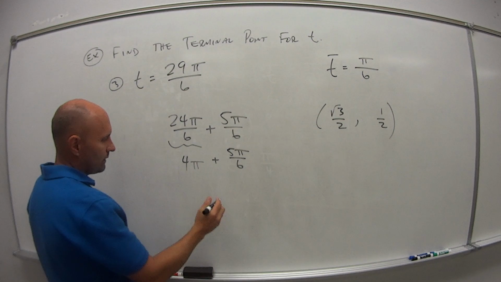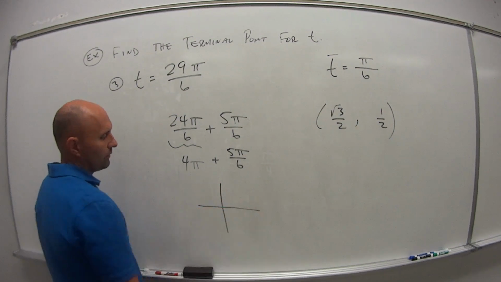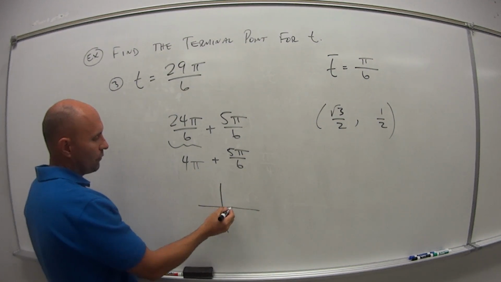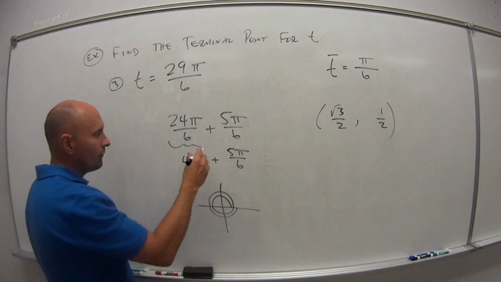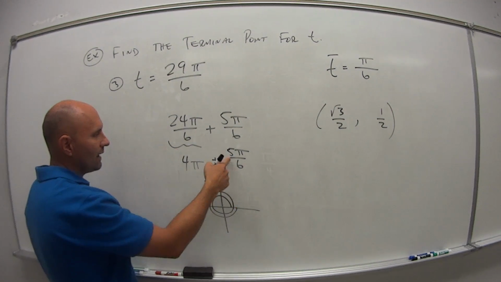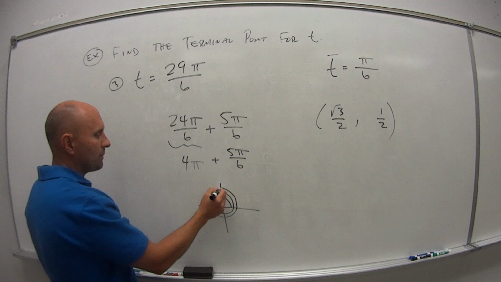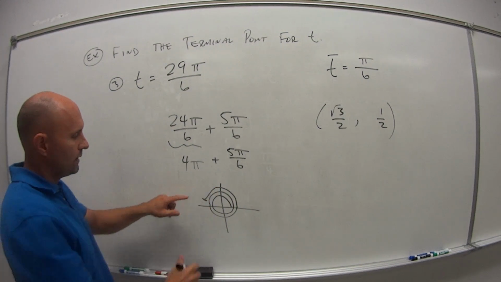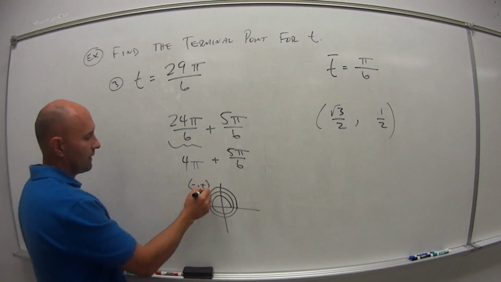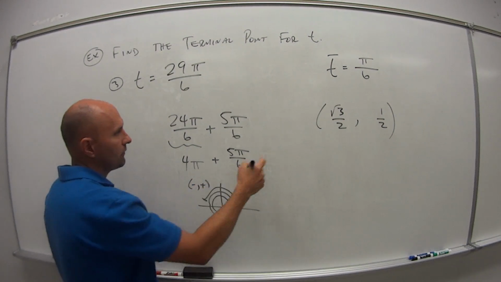So now, if I want to figure out what quadrant this is in, I first have to go 4 pi, which is 1, 2, 3, 4. So 2 full times around the circle, and then I still have to go 5 pi over 6, which puts me where? Over here in quadrant 2. And in quadrant 2, I know that my values for x and y are negative and positive.